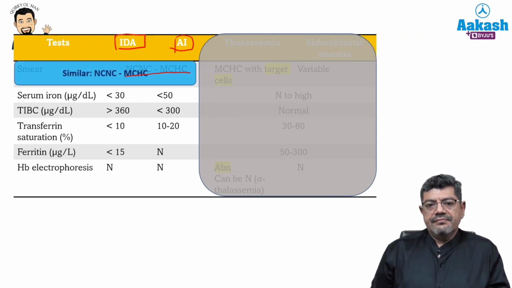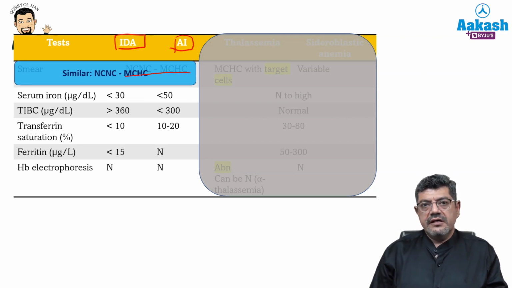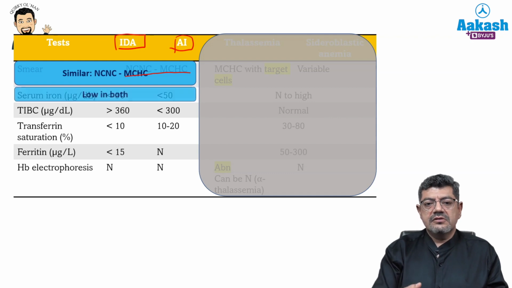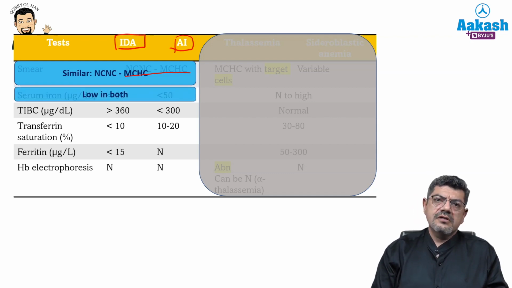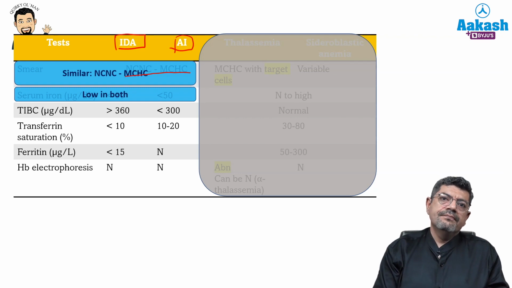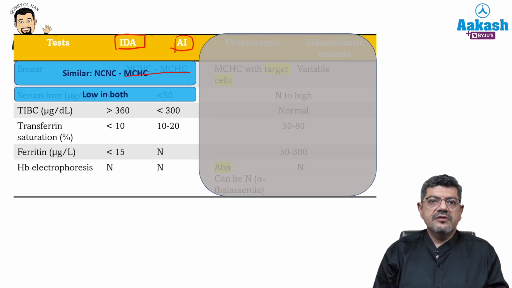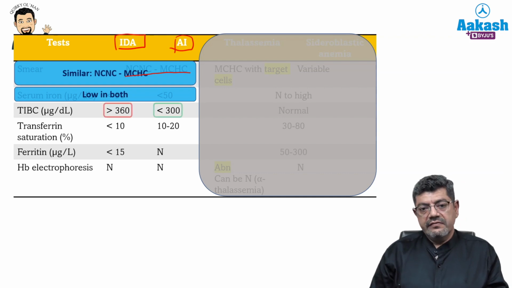So we know that this won't help distinguish these two entities. The serum iron is low in both, right? It's less than 30, less than 50, it's low in both. Again, it will not help to distinguish unless the serum iron is very low, around 10. Then you can say that's more likely to be iron deficiency than anemia of inflammation, although again it is not distinctive, right? What is distinctive is the TIBC.